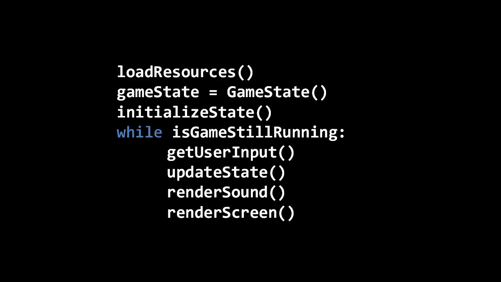In each iteration of the loop, we first get user input, then update the game state to the next tick, the next moment of time in the game. And then once we have the new state, we render that state on screen and start and stop sounds as the game state dictates. Note that we get the user input first so that our state update can reflect the user's input.